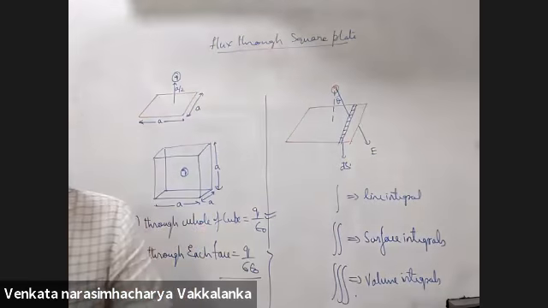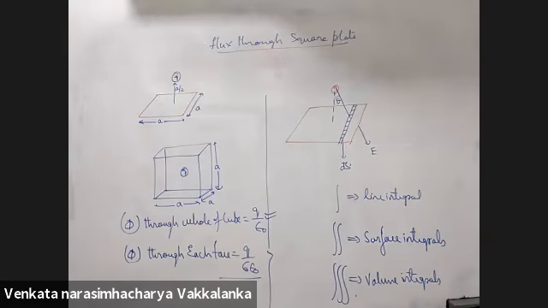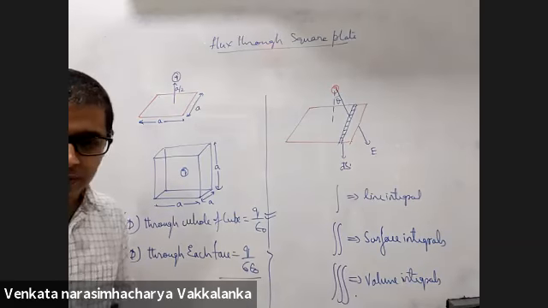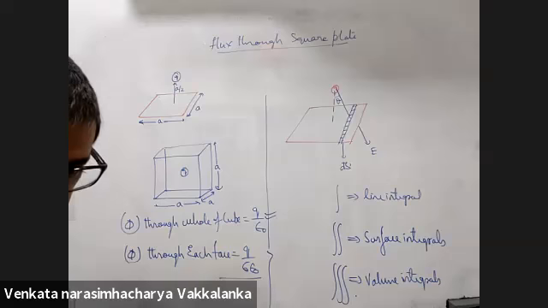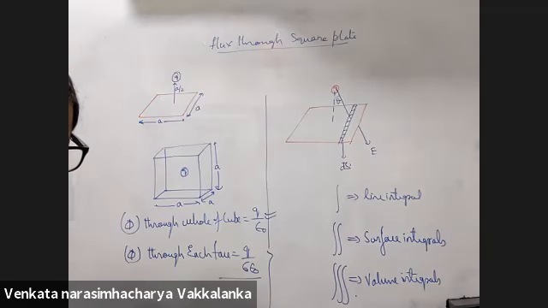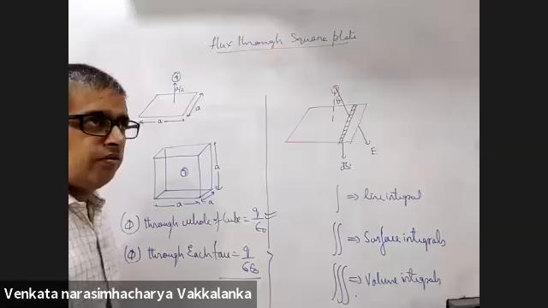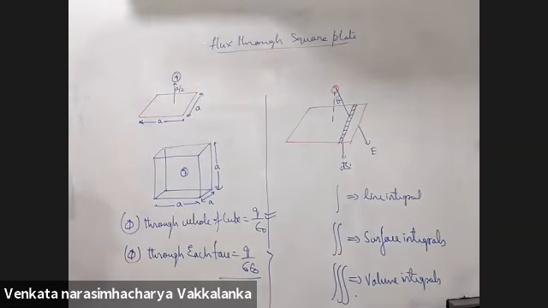Sir, but we can place the charge anywhere inside, and we can say through the whole cube it will still be Q by epsilon naught only, right?